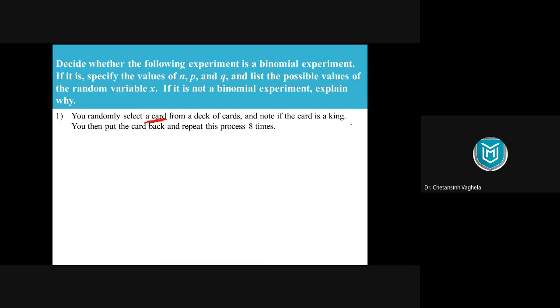If that card is a king, then you are supposed to note it down. आपको सिर्फ देखना है कि आपने जो कार्ड सिलेक्ट किया वो किंग है या नहीं. Then you put the card back, and you will repeat the process for 8 times.